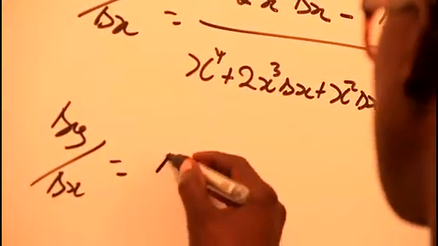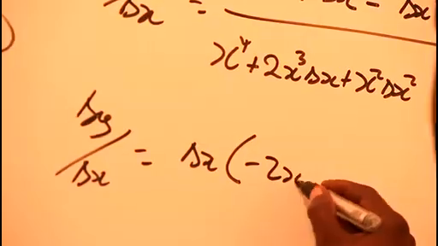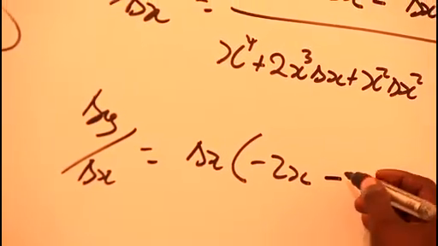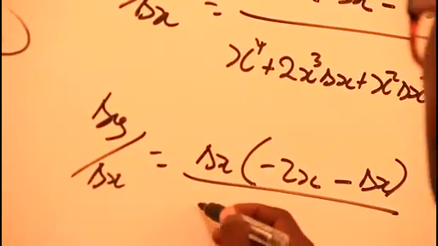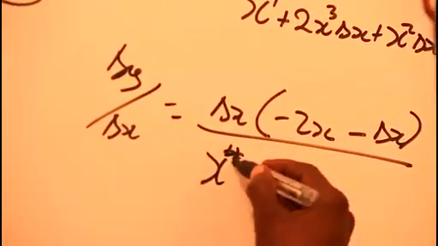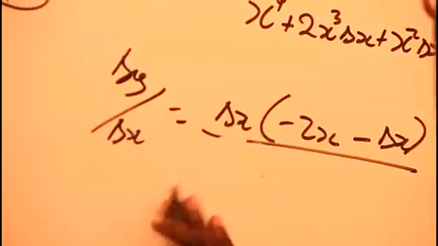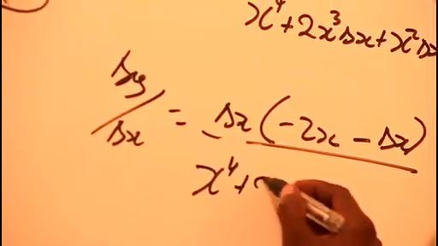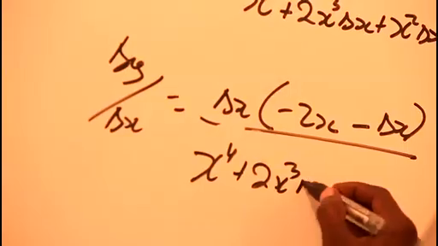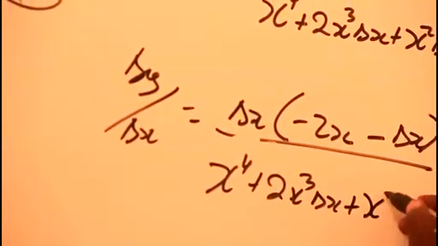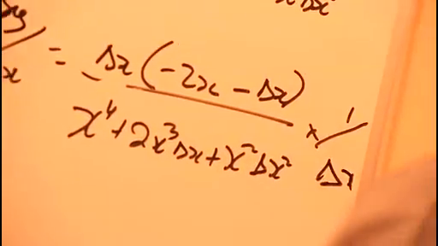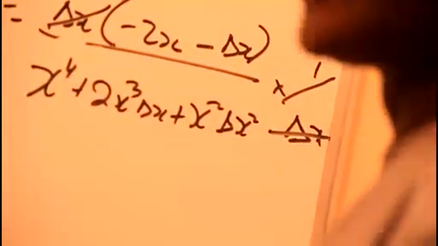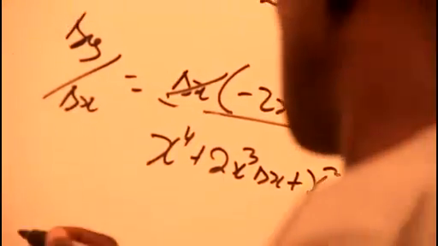That will give us Δx into minus 2x, then minus Δx, all over x to the power of 4 plus 2x to the power of 3 Δx plus x squared Δx, all squared, times 1 over Δx. So this Δx will clear this Δx. When you cancel it, see what you have.